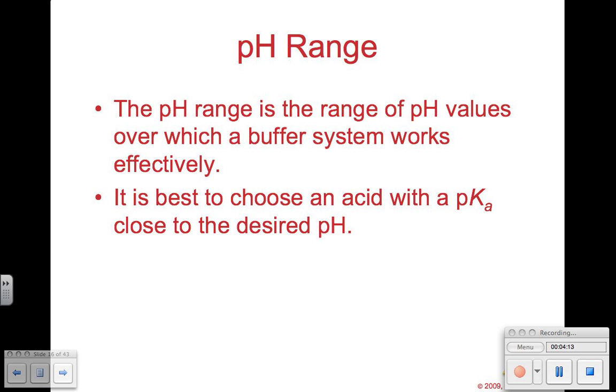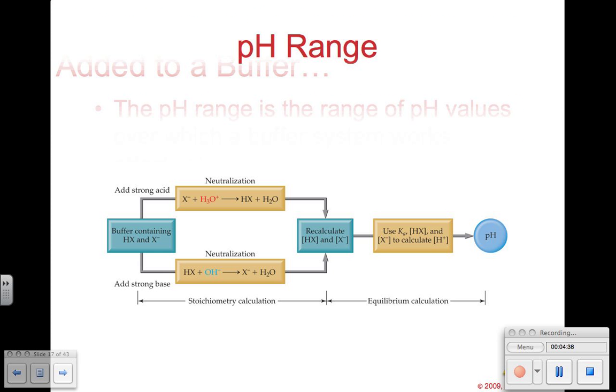But there's a point related to where the pKa value is, which gives you an idea of the pH. So if you want a specific buffered solution, you might look at a pKa or Ka table to identify an appropriate weak acid that would fit within the pH range of the buffered solution you're looking for.